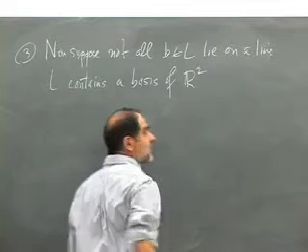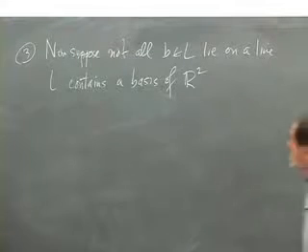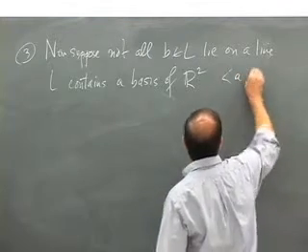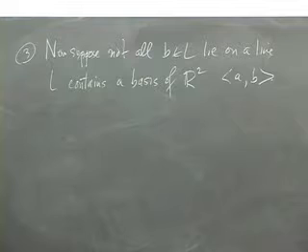There have to be 2 vectors in L, not both on the same line, so there is a basis. Okay. Now, take the basis, say A and B. So we want to organize ourselves correctly.